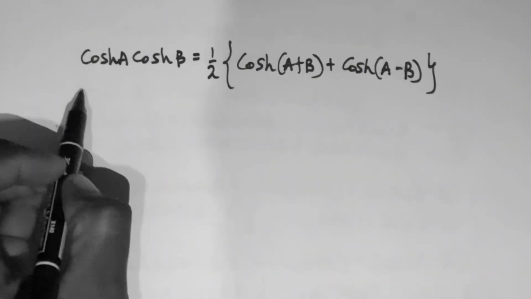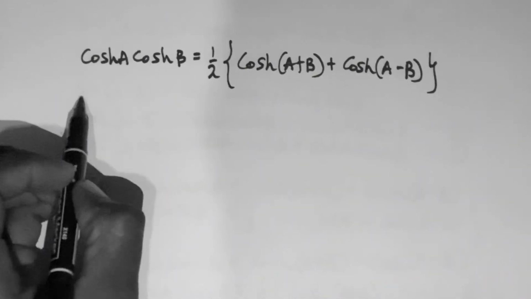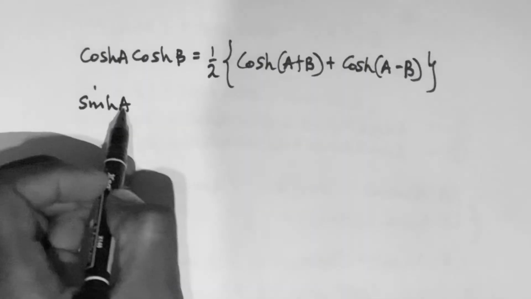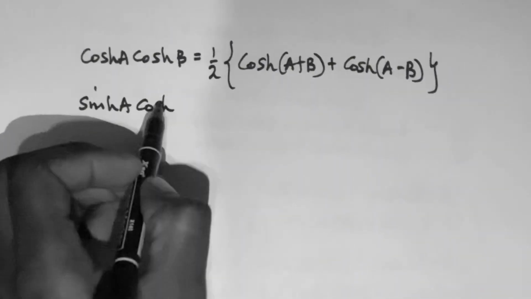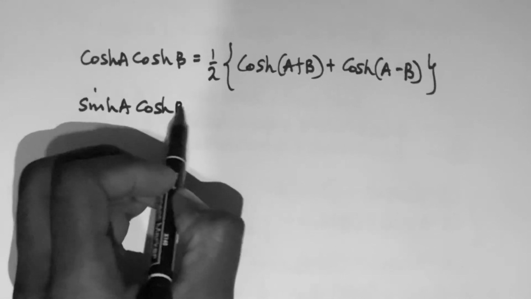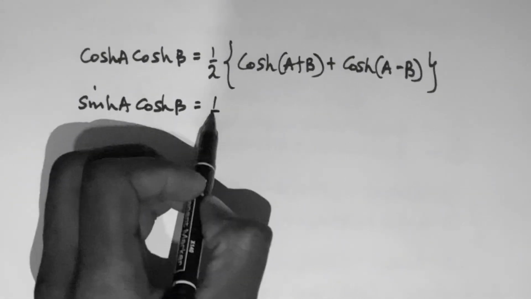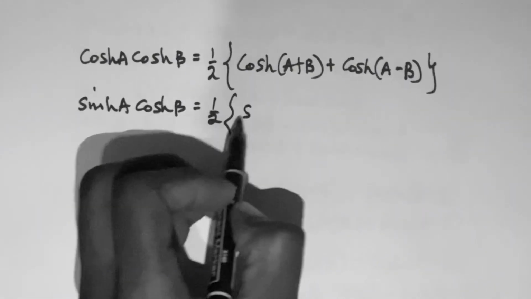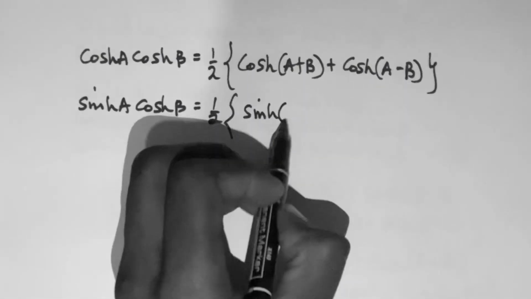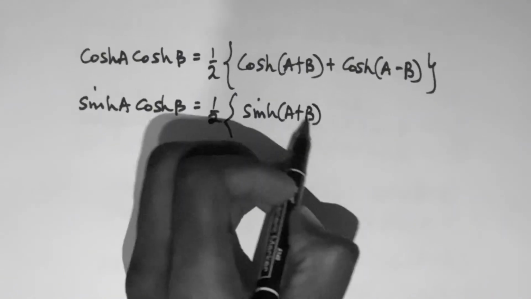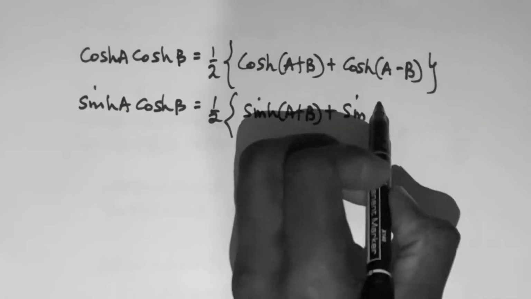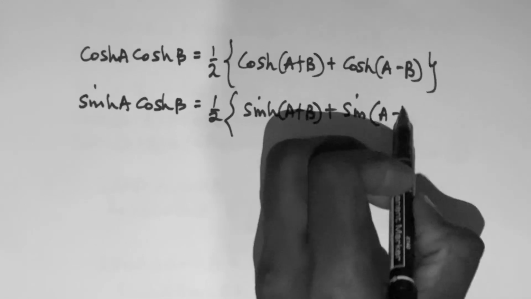Now let's write sinh A cos B, and this is equal to half of sinh(A plus B) plus sinh(A minus B), bracket close.